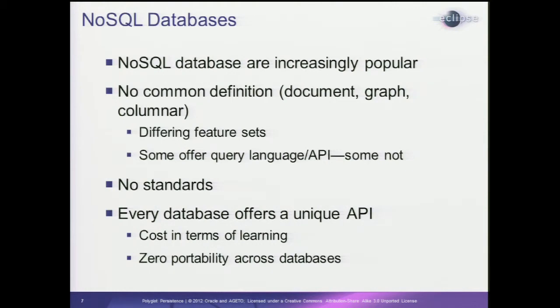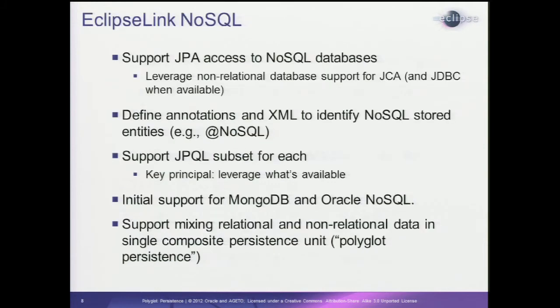There's no common definition. There's no standard, right? And it's not a negative thing. They are pretty new and they are innovative, and that's what happens when new things appear, right? So it's very interesting to cover all those NoSQL databases in the JPA standard, or actually to support them using EclipseLink. That's not an easy task to do, but EclipseLink found a way to do it, right?